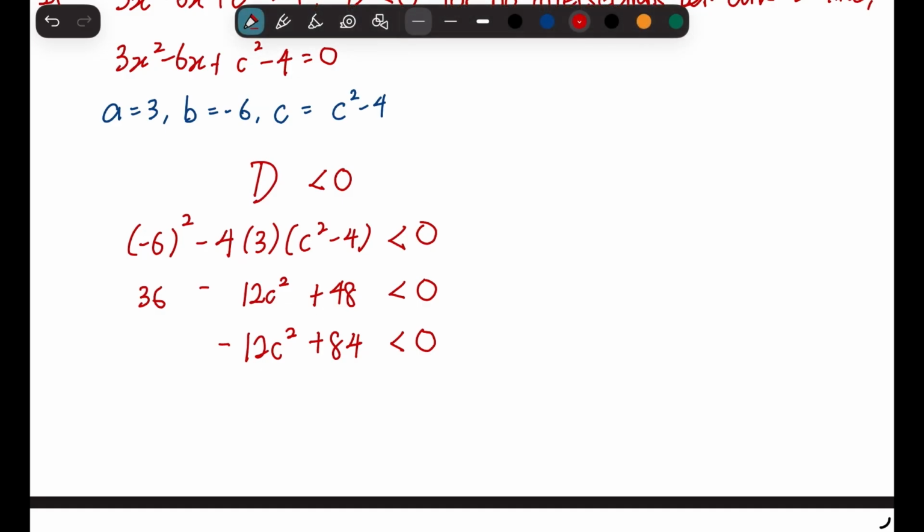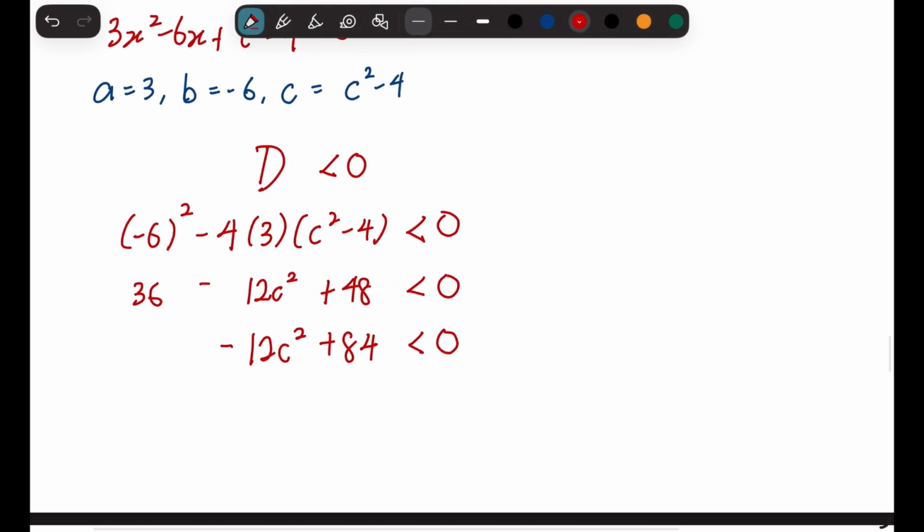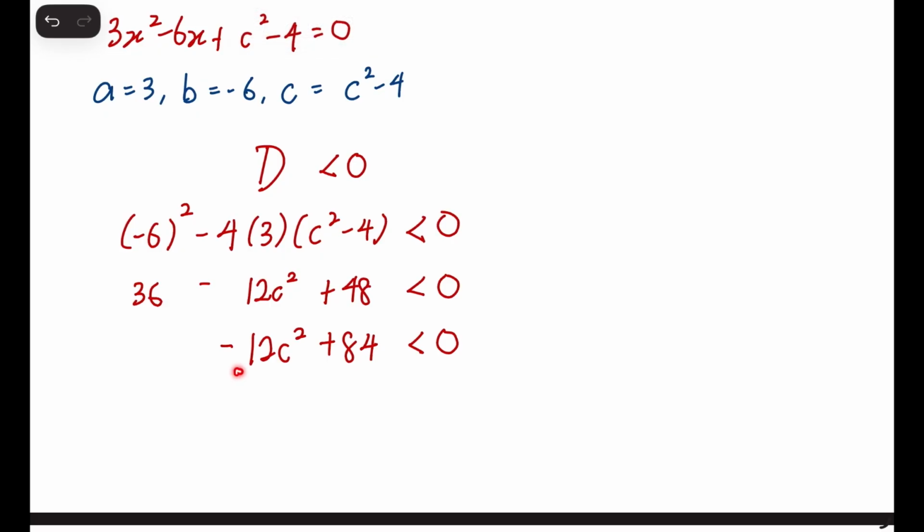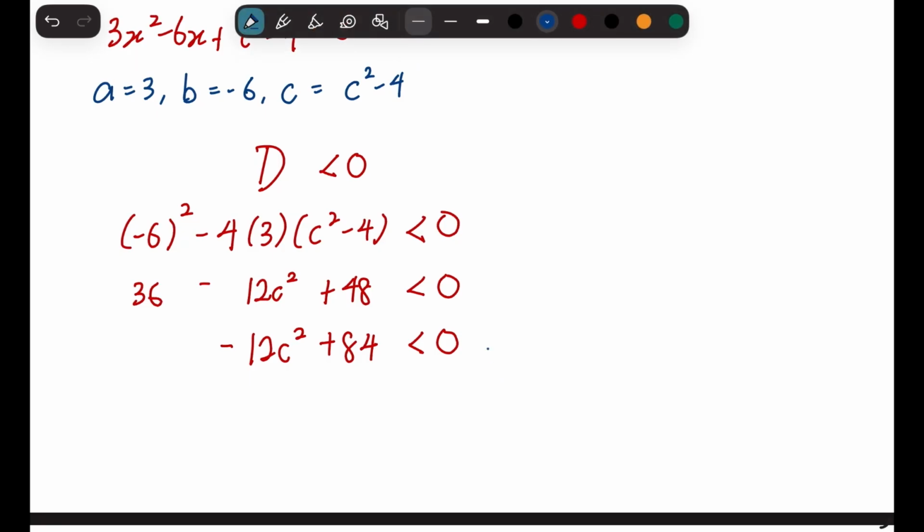Before that, I can actually simplify further. I see 12 and 84. The common factor is actually 12. So if I were to divide by 12, I can make this inequality easier to solve. I divide both sides by 12, and I'll get -c squared plus 7 less than 0.